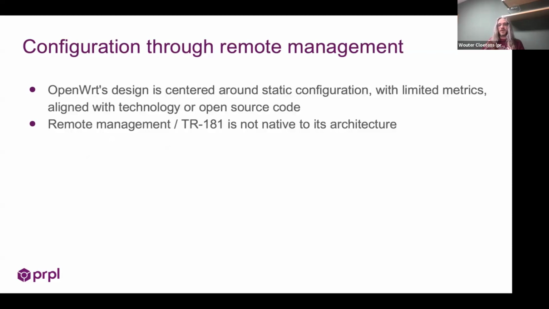Configuration via remote management is just not native to OpenWRT. They've done lots of things that are nice and close to the technology, but don't necessarily have the configurability of an operator. And the whole part of remote management is just entirely alien. It's usually something that sits on the side and tries to make hooks with all the software components.